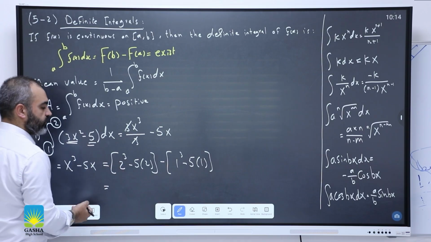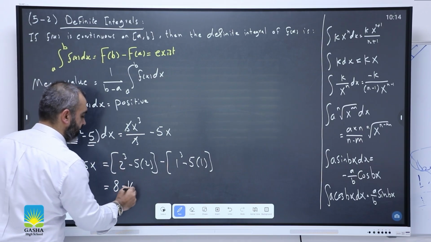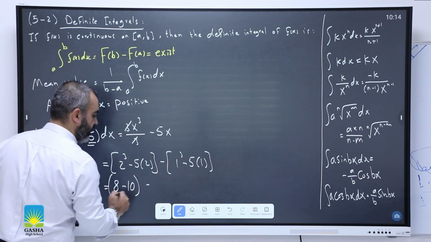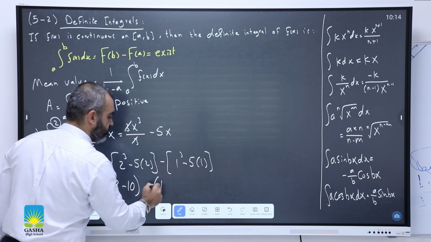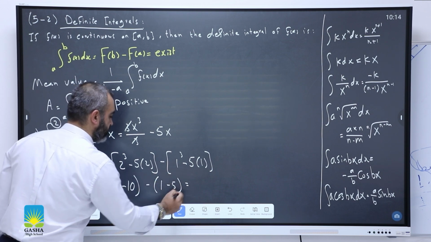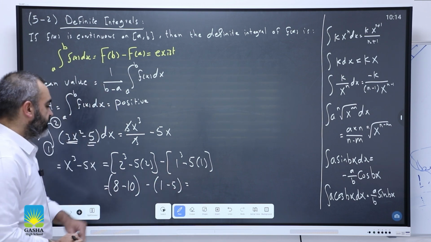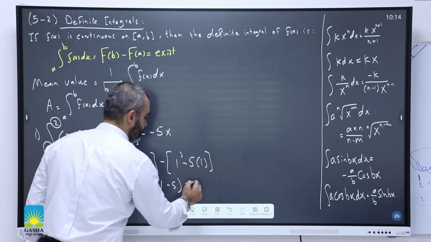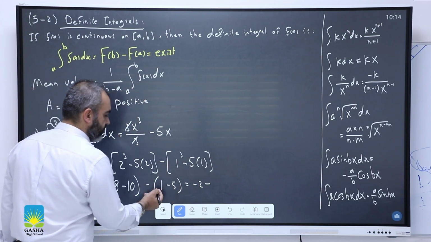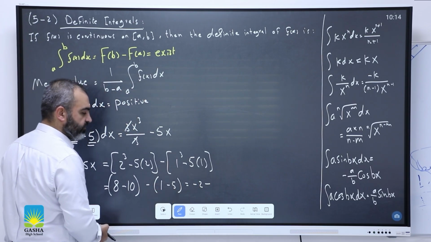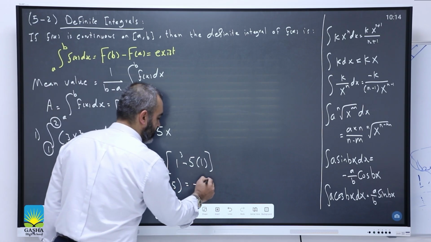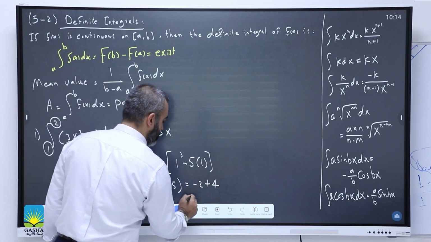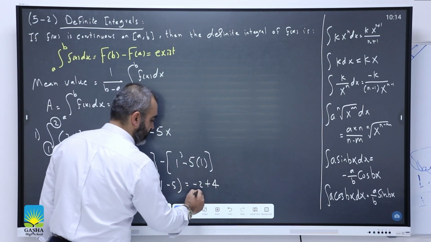So 2 cubed is 8 minus 10, minus, and 1 cubed, 1 minus 5. So the result: 8 minus 10 is negative 2, minus, and 1 minus 5 is negative 4, and times negative it's 4. So negative 2 plus 4 is 2.